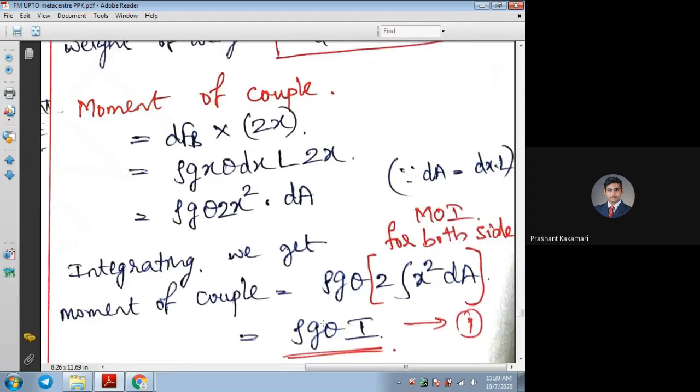It will be full x or x minus 0. But here x square is there, and the meaning is the moment of inertia, or integration of distance square into area. So whenever we do that, we write it as moment of inertia itself. So 2 times integration of x square dA, we can replace the entire term as moment of inertia I. So I can write it as rho g theta into I.